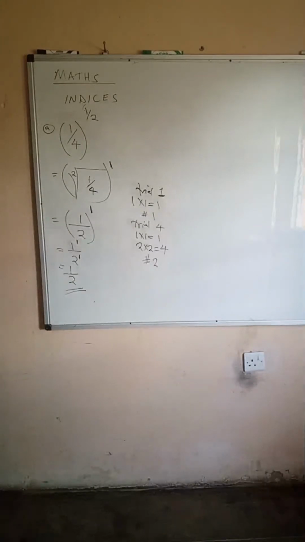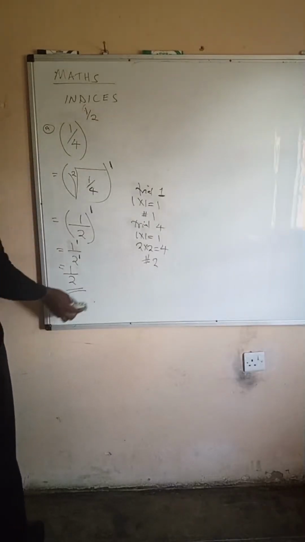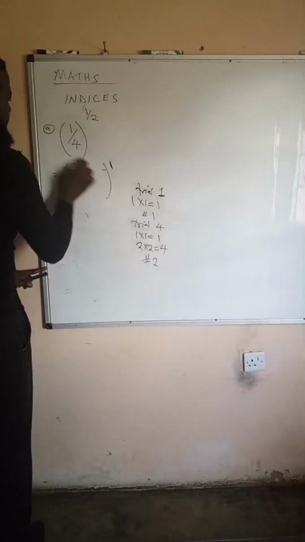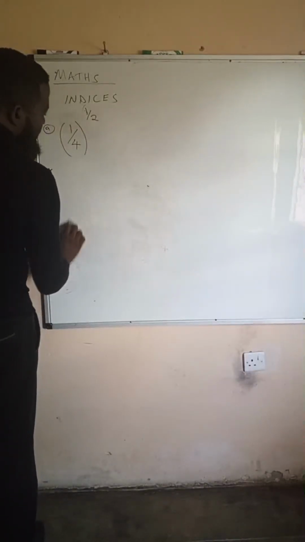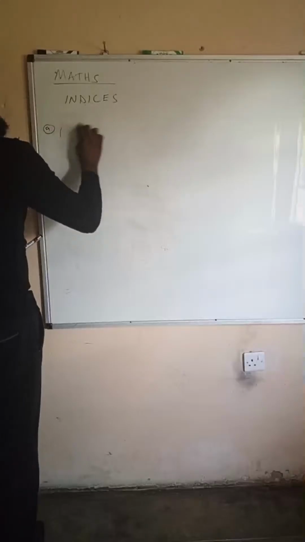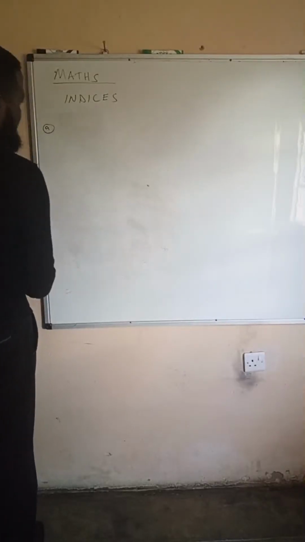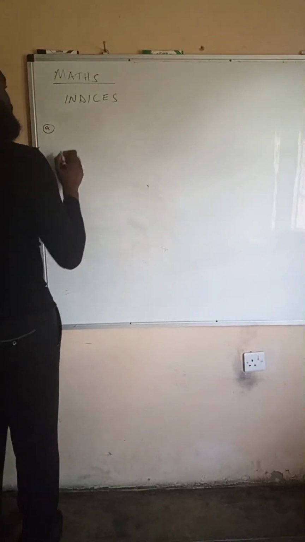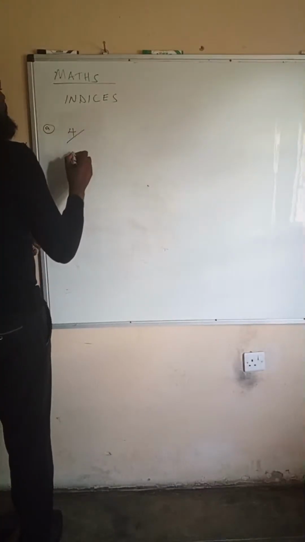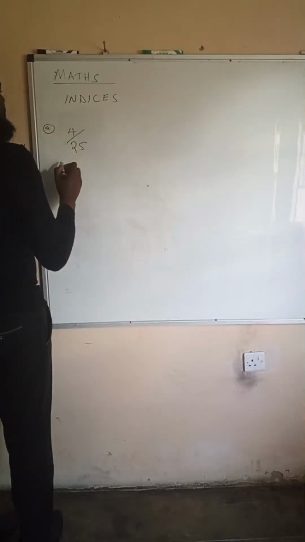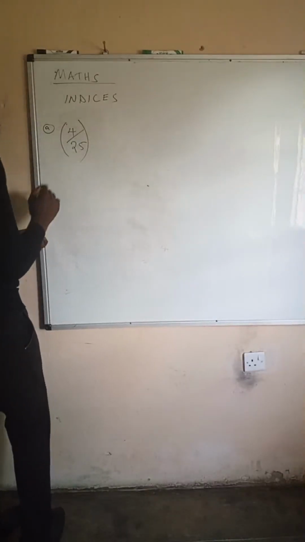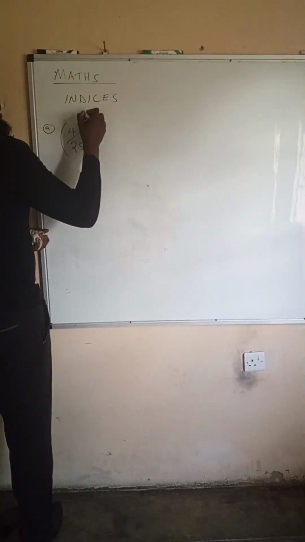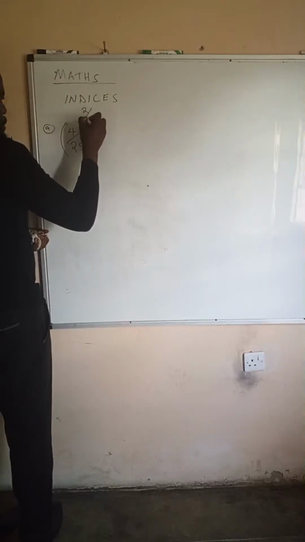Okay. Let's look at example B. This is how you solve this one. What if they give you a different scenario? Let's say they bring for you 4 over 25 to the power 2 over 3.